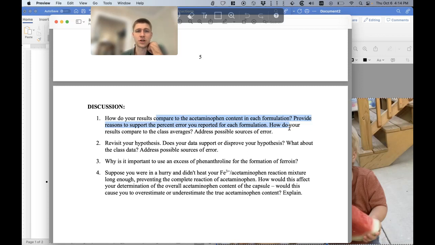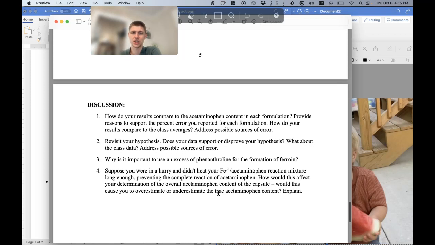What did you get for percent error for each? Compare it to the class averages that we've got. If we look at our hypothesis, how does that compare back to your hypothesis? And then a little bit about the actual conditions of the reaction. Think about some of those sources of error, which are potentially significant in this sort of procedure.